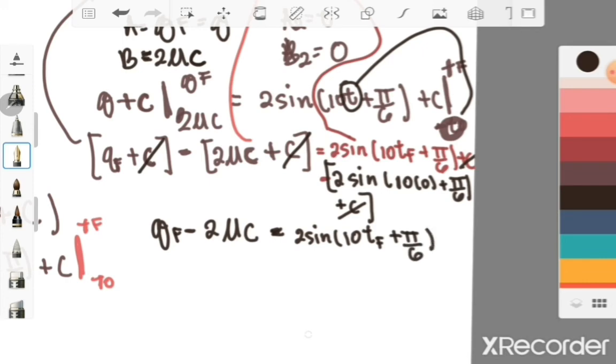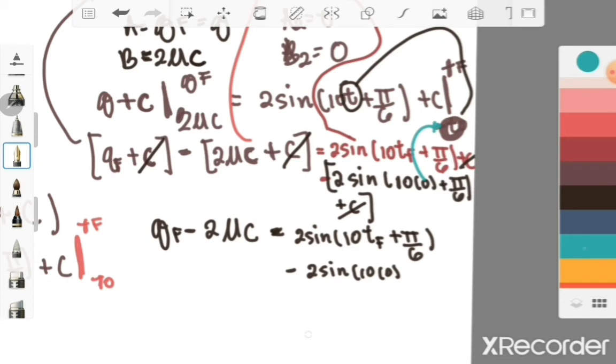Take note that plus C minus C is equal to 0, right? So it is equal to minus the value of 2 sine of 10 multiplied by 0, because we substitute it from our T sub 0, right?